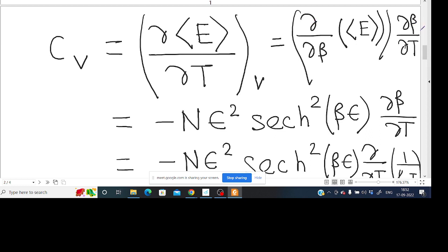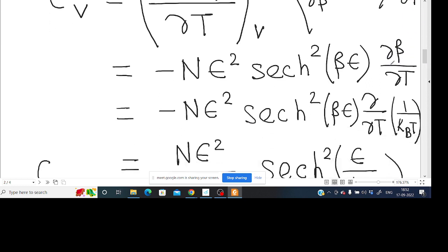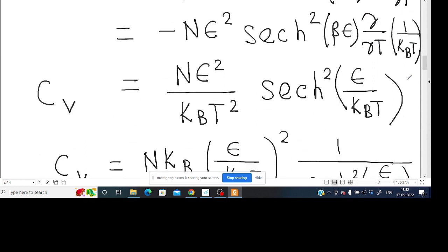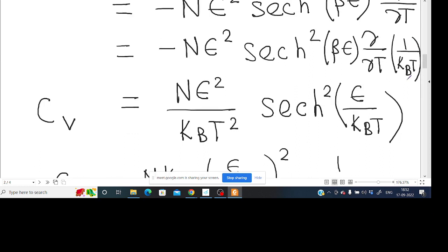And del beta del T, where beta is equal to 1 by kBT. If you differentiate 1 by kBT with respect to temperature, then you will get minus 1 by kBT square. So here you have minus, and differentiating with respect to temperature gives another minus sign.